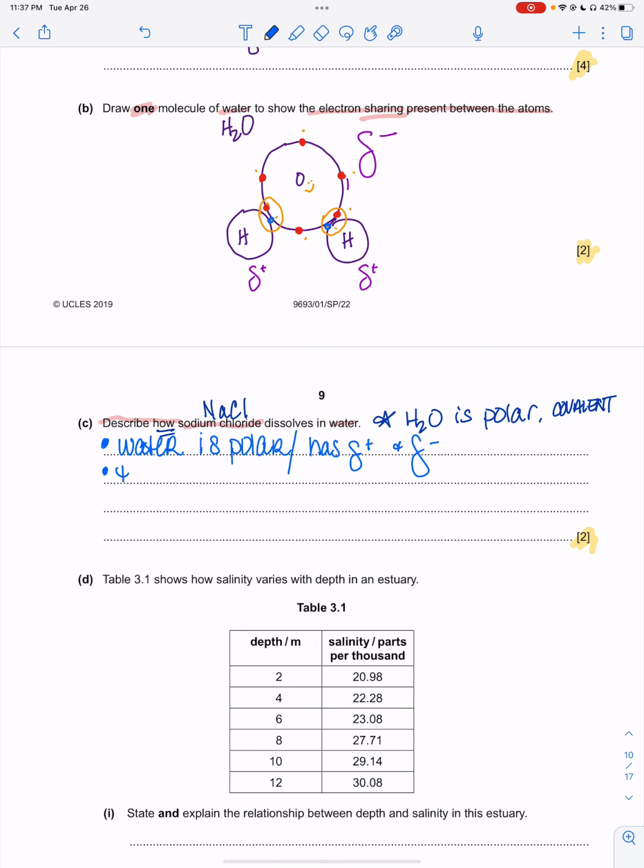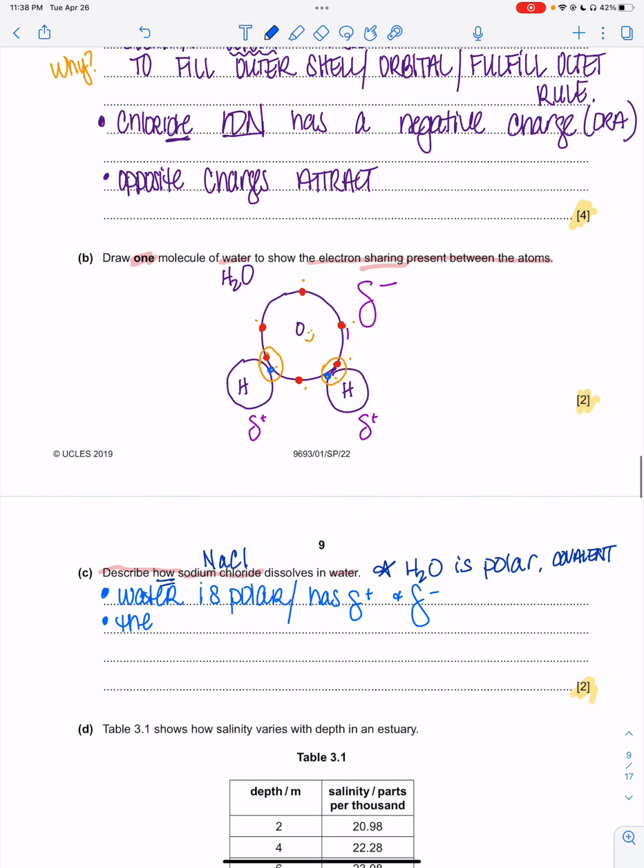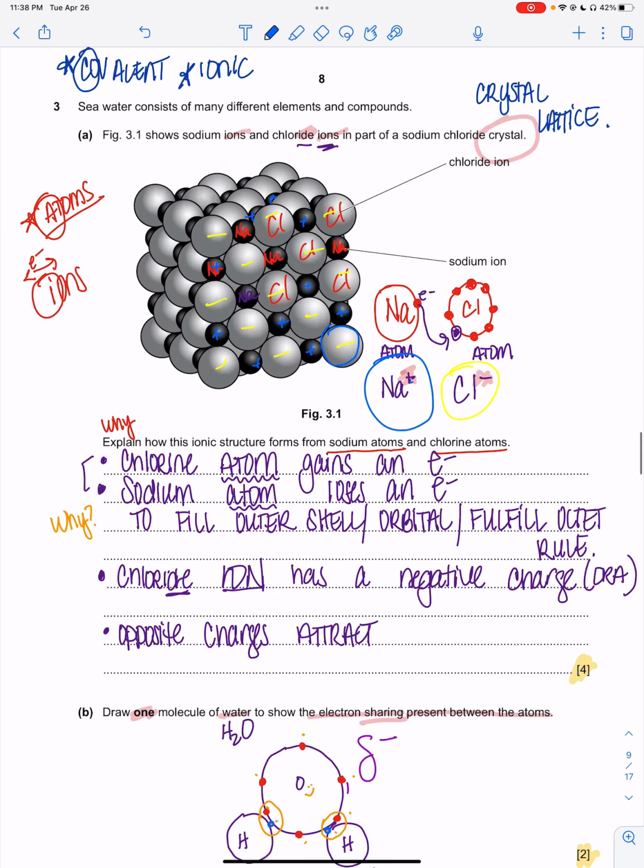So you can say the sodium, which is positive, is attracted to the negative oxygen. Vice versa, you can say the negative chloride ion is attracted to the positive hydrogen on the water molecule. It doesn't matter.